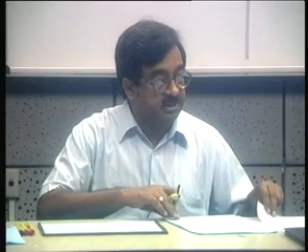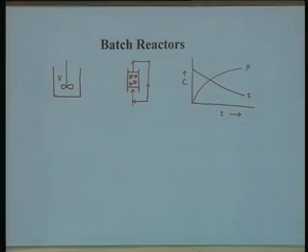Now coming to the first and probably the simplest reactor, a batch reactor. Essentially, as I told earlier, the batch reactor can be used both for soluble enzyme as well as for immobilized enzyme.